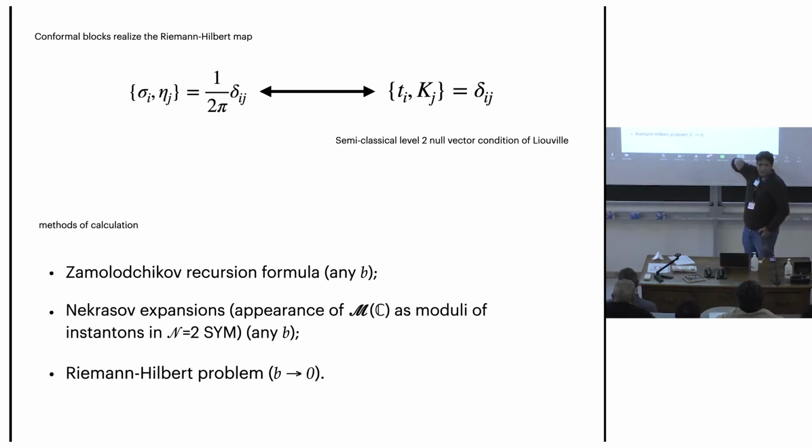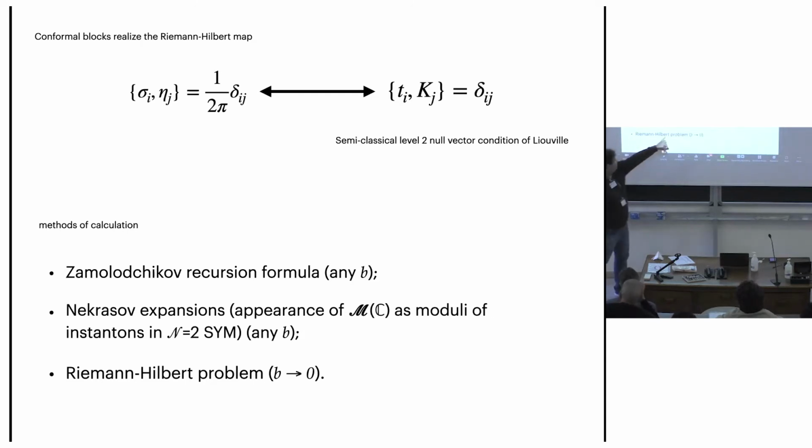You can use the Zamolodchikov recursion formula, which is actually very fast. Numerically, it's very efficient. And people do that nowadays to do conformal bootstrap for any value of b, for any value of the central charge. The one that I just presented to you, these Nekrasov expansions, come exactly because of this deep connection between the CFT and N equals 2 partition functions of instantons in super Yang-Mills, in this case SU(2) super Yang-Mills.